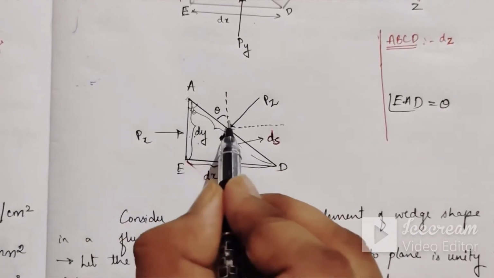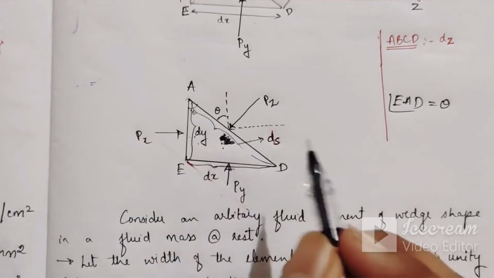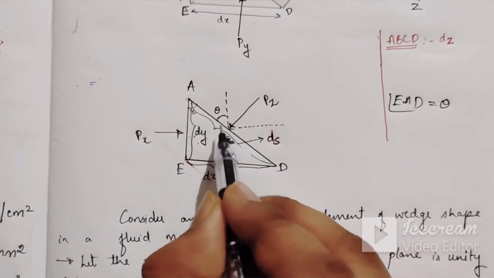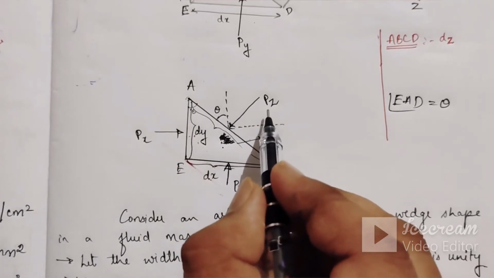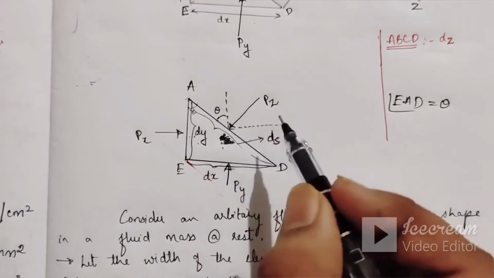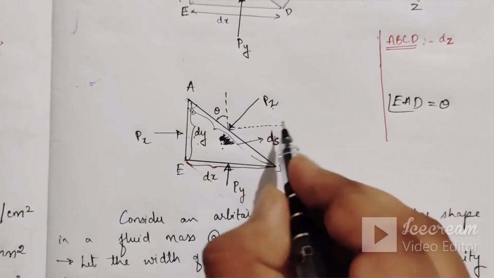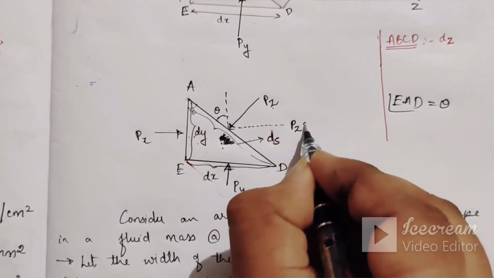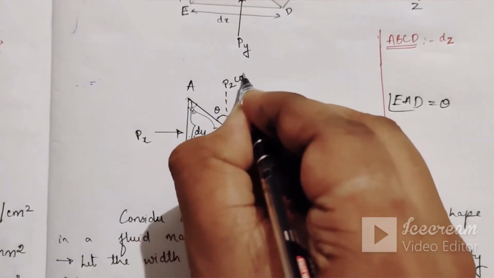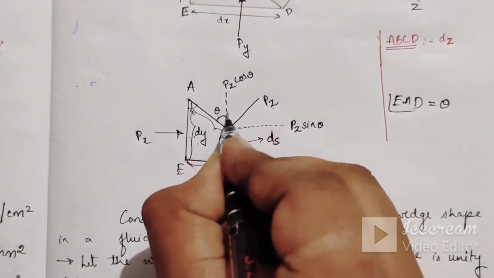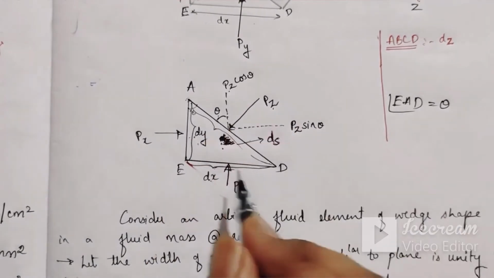Whatever the angle here is, just consider it theta from this inclined surface. So whenever we are solving the problem, this PZ will become PZ cos theta, because theta is adjacent here.